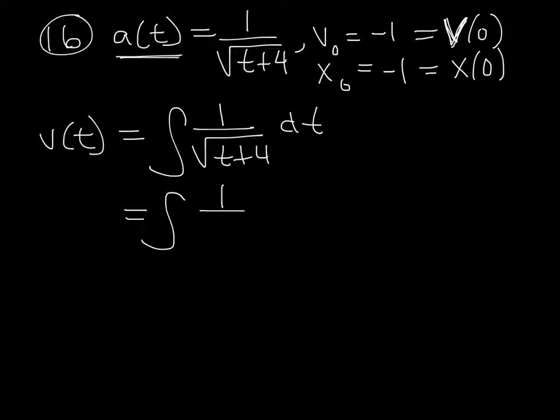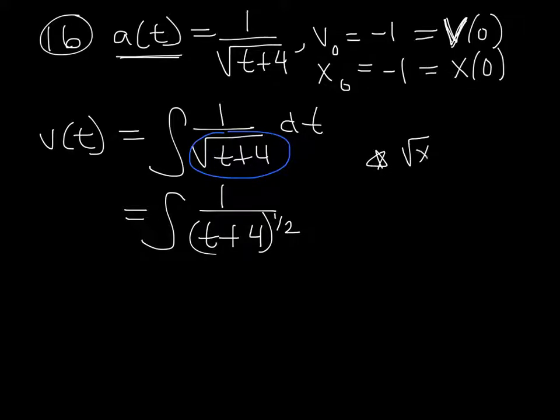So we have 1 over, and I know that the square root of t plus 4, that's the same thing as t plus 4 to the 1/2. Remember, the square root of x is x to the 1/2. So I just have t plus 4 for x. And I can simplify this a little more, and I forgot my dt.